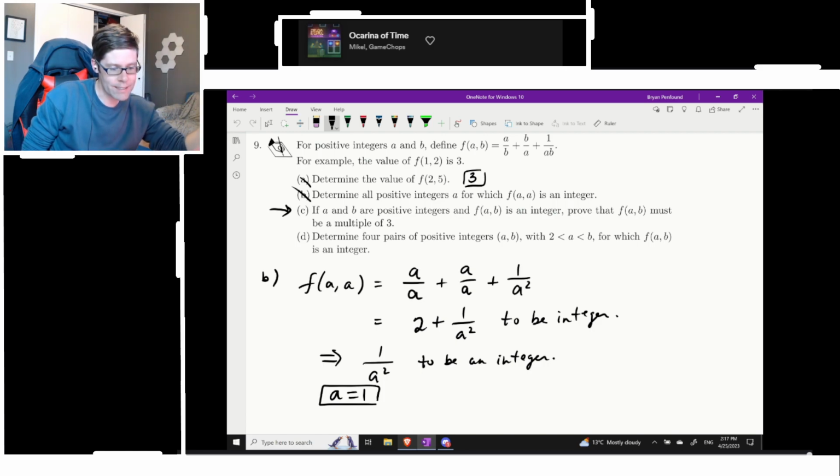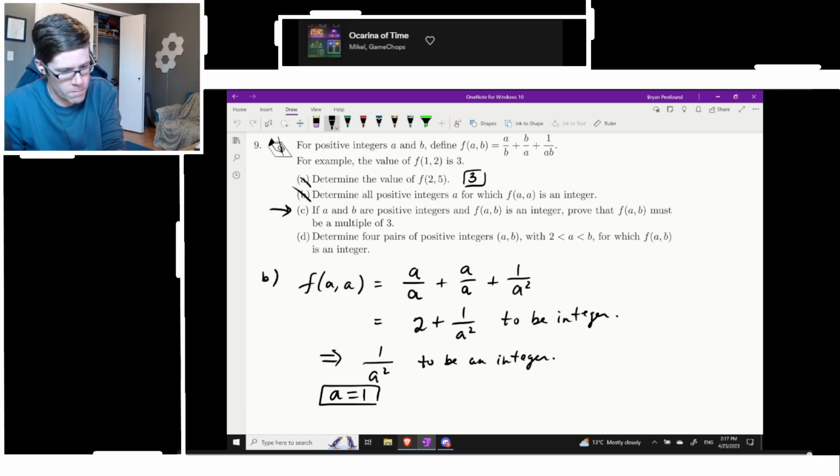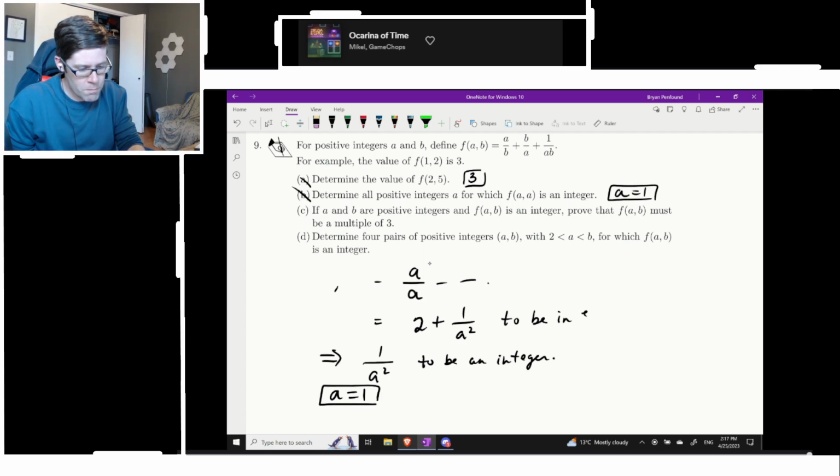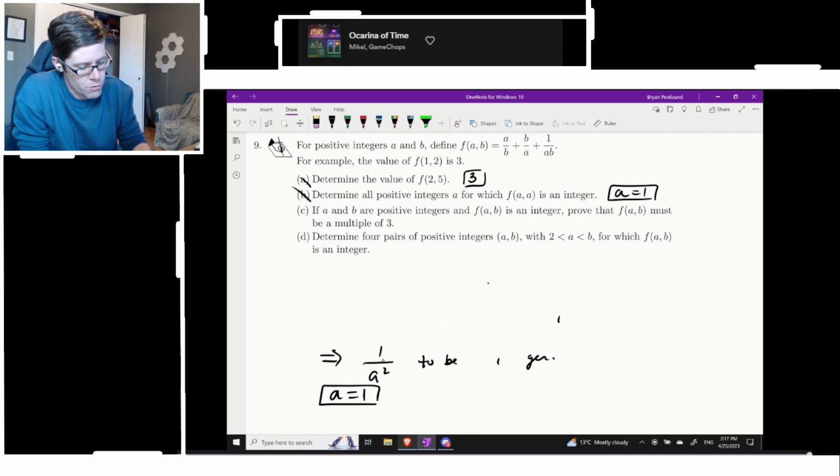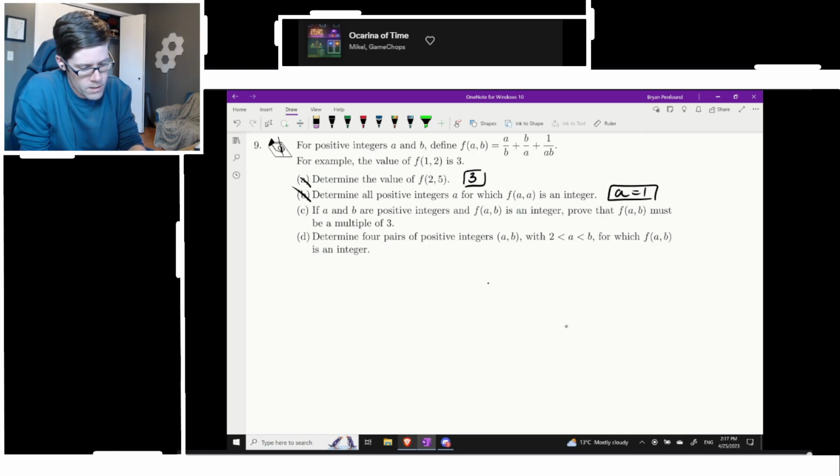So every time we get an integer solution, it has to be a multiple of 3. I feel like I can probably prove this relatively quickly right now. I don't think this is going to be too crazy.